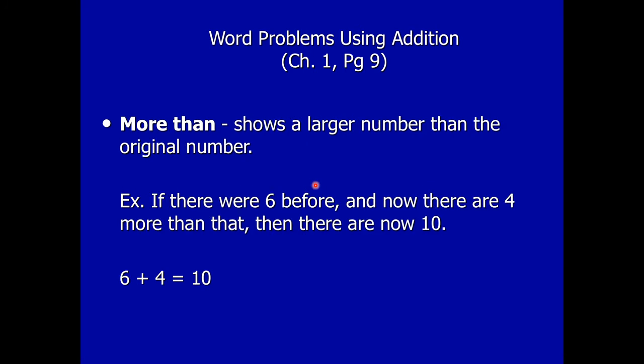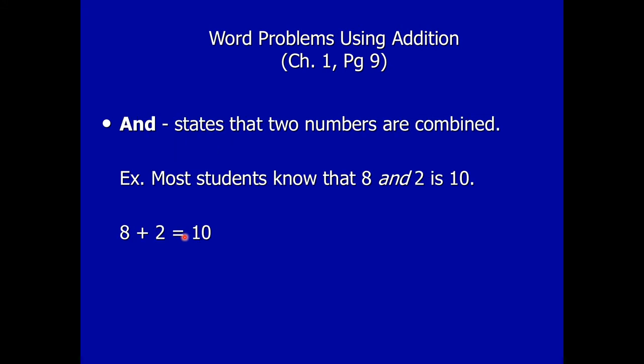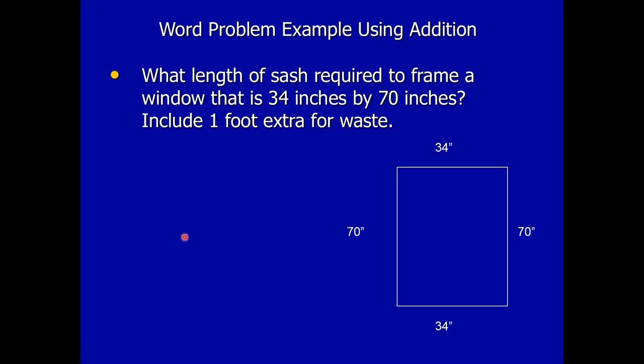If there were 6 before and 4 more than these, now we have 10. You see there is also a keyword, which is more than, right? Because whatever we have is more than these now, so that's an addition. And sometimes we use "and", these equal to these, right? So that's an addition problem also.